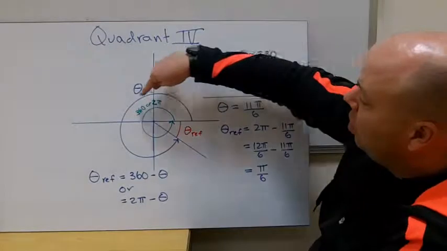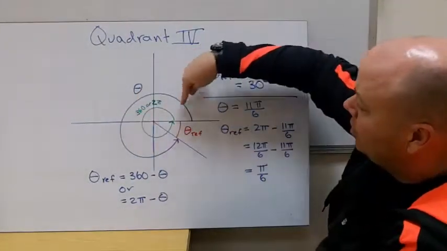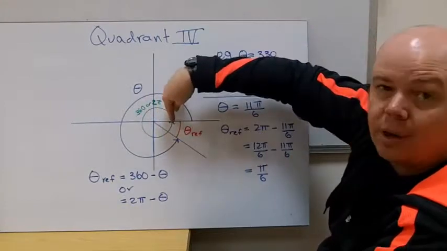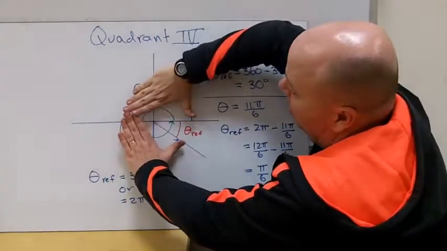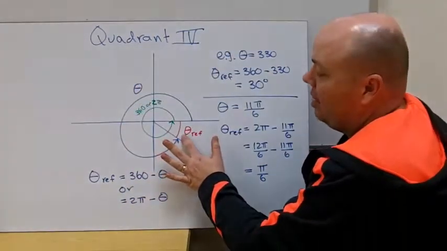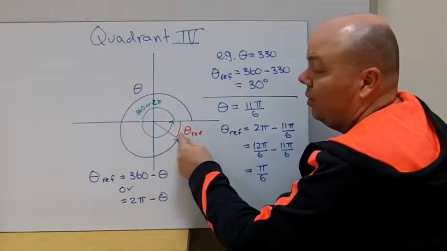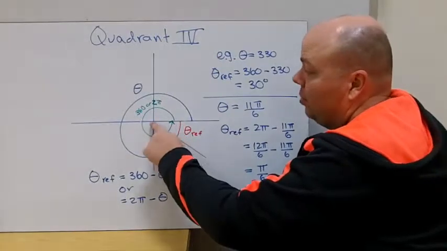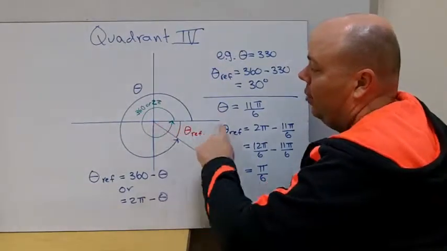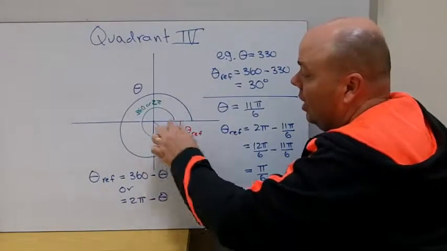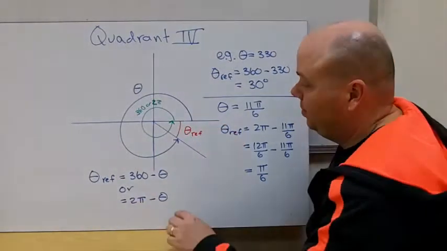If I know the blue angle is theta, and I know the whole way around the circle is 360 degrees, then to cut that off and give me what I have left, which is my theta reference, the positive acute angle between the terminal side and the horizontal axis. So it's this angle between the terminal side and the horizontal axis.